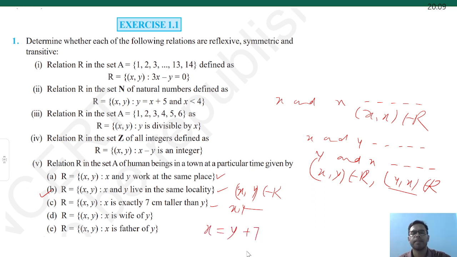like this. Then you cannot take it like this, x is equal to x plus 7.